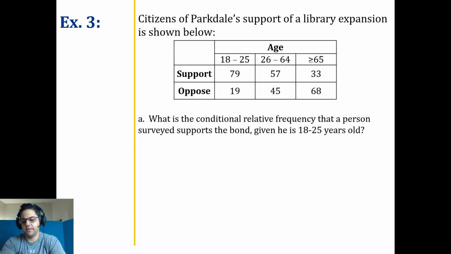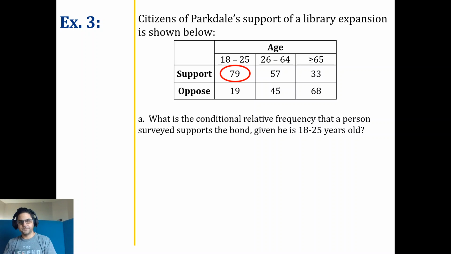So before we can answer the question, we need to find the data. What is the conditional relative frequency that a person surveyed supports the bond, given he is 18 to 25 years old?